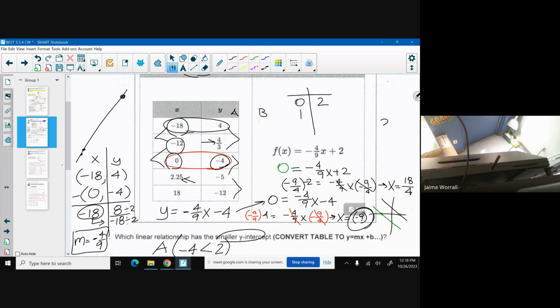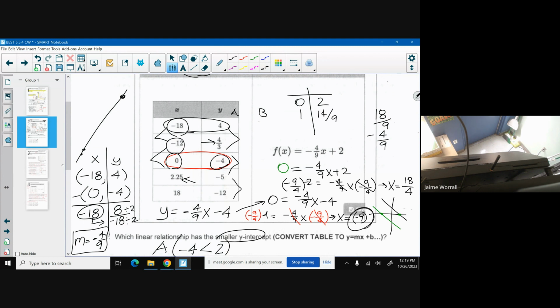What's 2 minus 4/9? 9 ninths is 1, 18 ninths is 2. So what's 18 minus 4? 14. And 14 ninths is going to be positive.